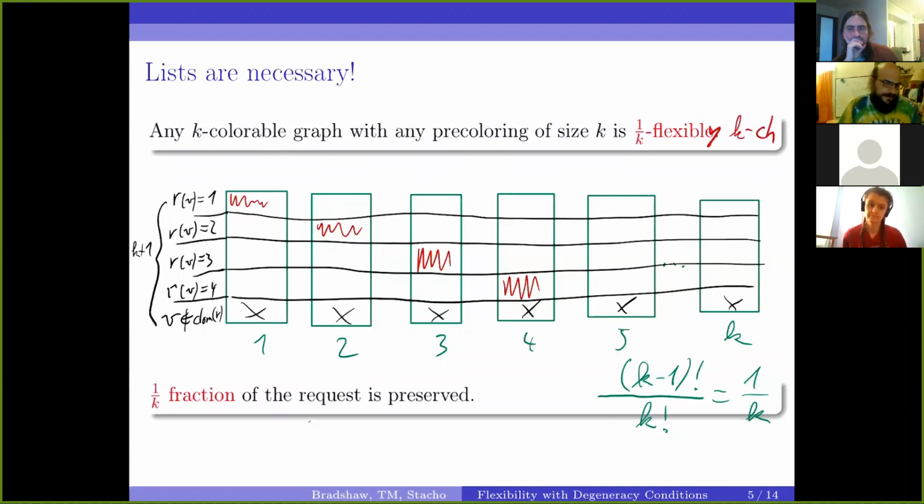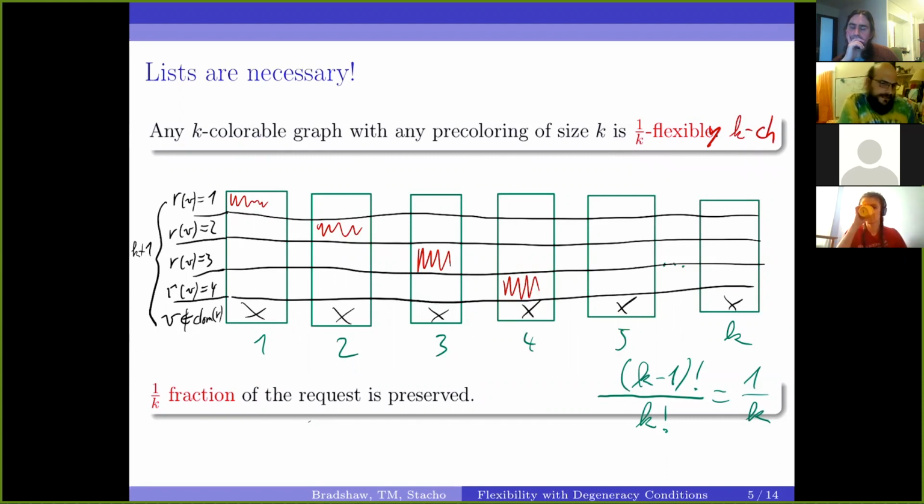In terms of lists, what happens if all the lists are the same? For that, the answer is a bit disappointing or trivial. We can easily say that if the graph is k-colorable, then we can satisfy 1 over k of the requests.